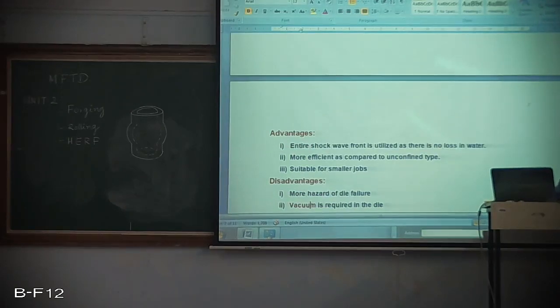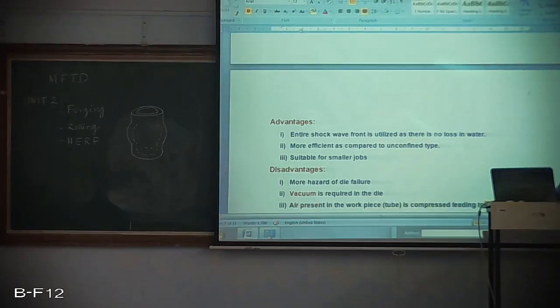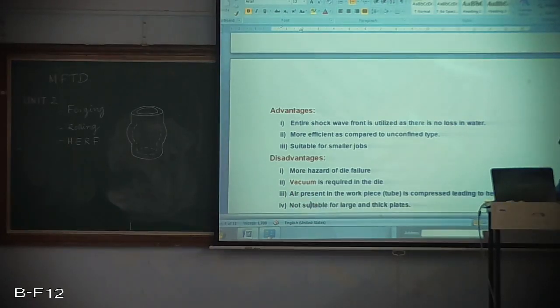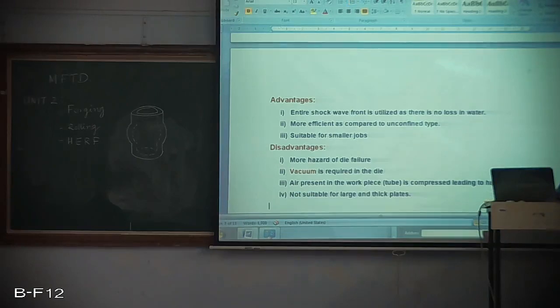Compared to the earlier method, unconfined type, there is more utilization of the shock wave or the energy of the chemical explosive, as the entire shock wave is contained and there is no loss in water. Whereas the earlier one, there is some loss of shock wave in passing through the water.